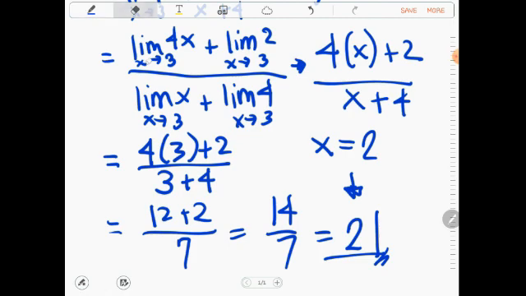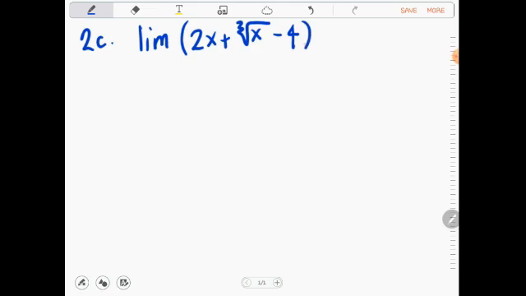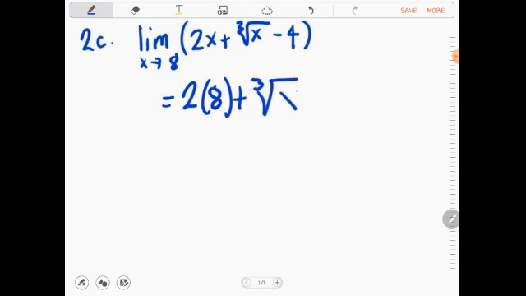Okay? For letter C, we have the limit of a function 2x plus cube root of x minus 4 as x approaches to 8. Okay? And this will give us equals to 2 times x or 8 plus cube root of x minus 4.